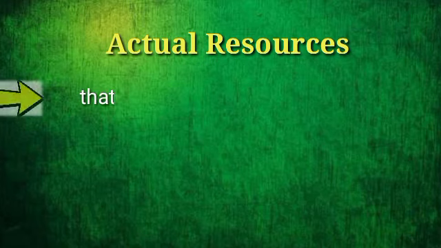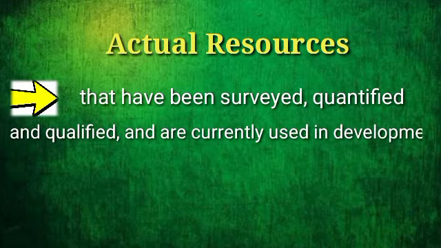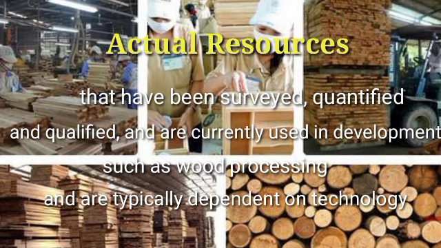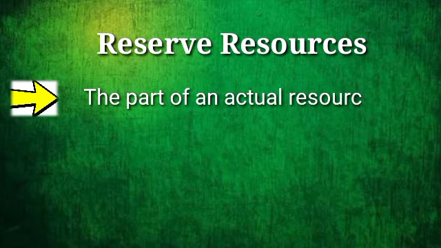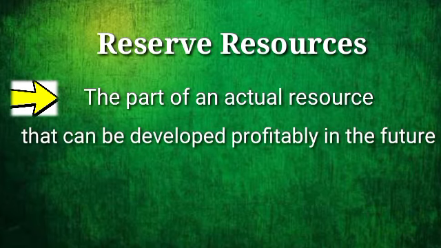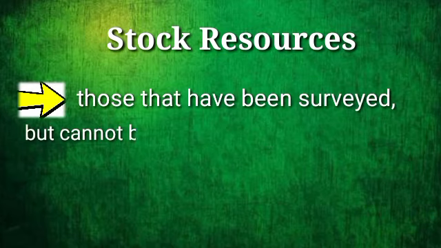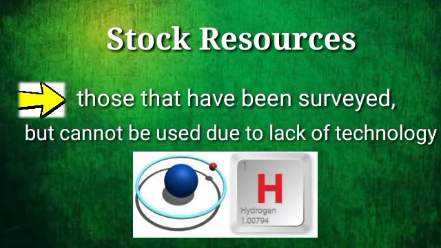Actual resources are those that have been surveyed, quantified, and qualified, and are currently used in development, such as wood processing, and are typically dependent on technology. Reserve resources are the part of an actual resource that can be developed profitably in the future. Stock resources are those that have been surveyed but cannot be used due to lack of technology, for example, hydrogen.